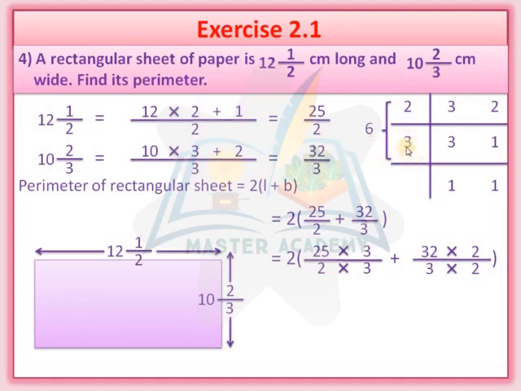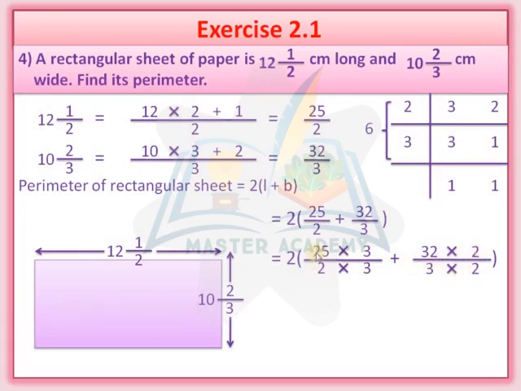Understood? Clear? So we will multiply in the numerator and denominator both. So 25 multiplied by 3 upon 2 multiplied by 3, plus 32, here the denominator is 3, so we will multiply by 2 in the numerator and the denominator both. So 25 multiplied by 3 upon 2 multiplied by 3, plus 32 multiplied by 2 upon 3 multiplied by 2.